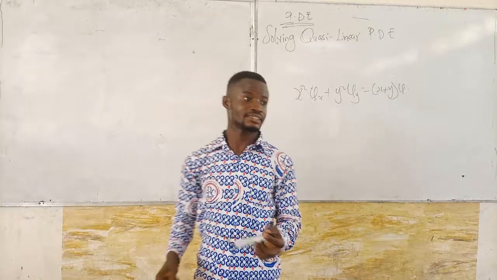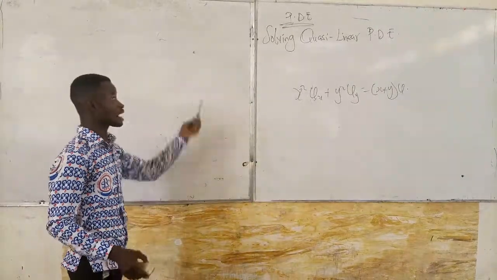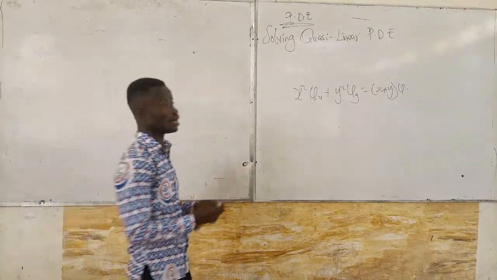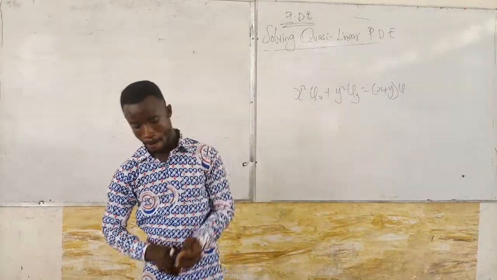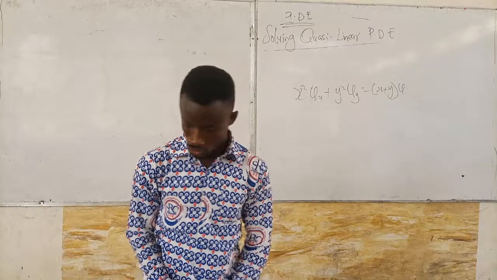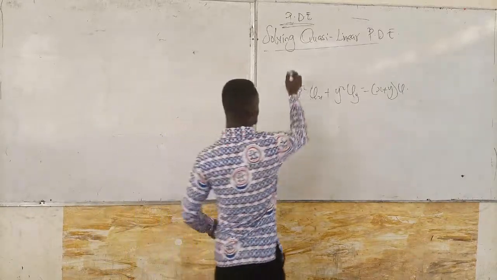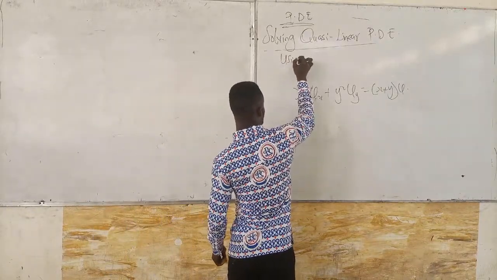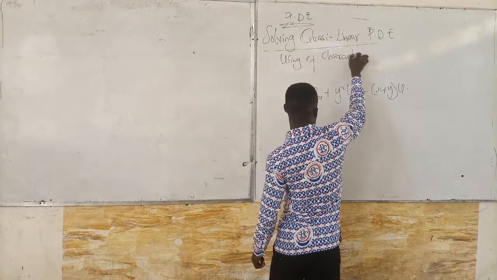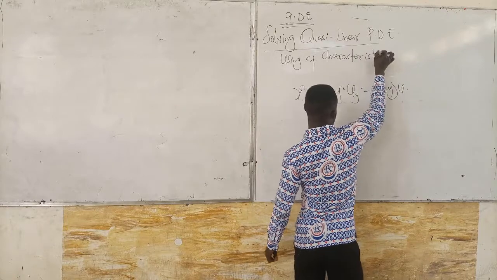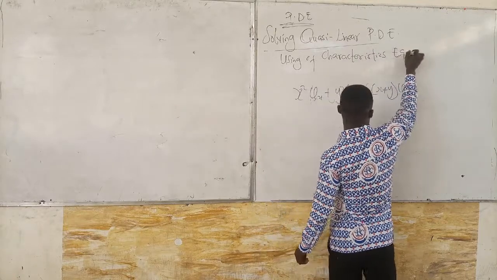And the truth of the matter is that the method only works up to this type. It only works up to quasi-linear. So here we are using the method of characteristic equation.